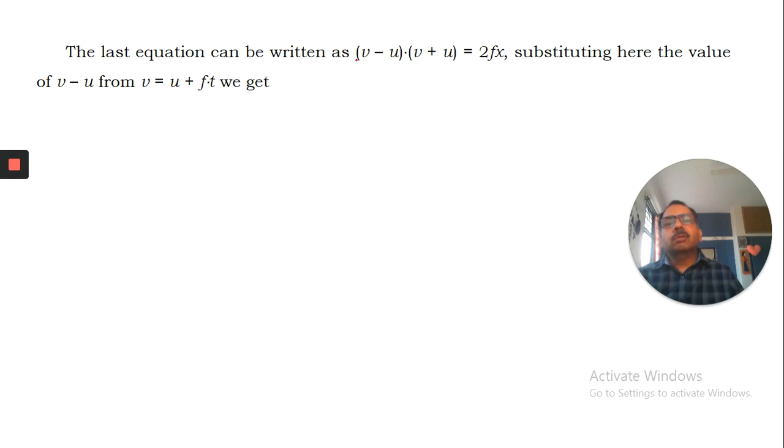Our last equation was v square minus u square equal to 2fx, so we have factorized it as v minus u and v plus u. And we had this equation v is equal to u plus ft. From here v minus u is equal to ft. Substitute v minus u equal to ft in this equation.